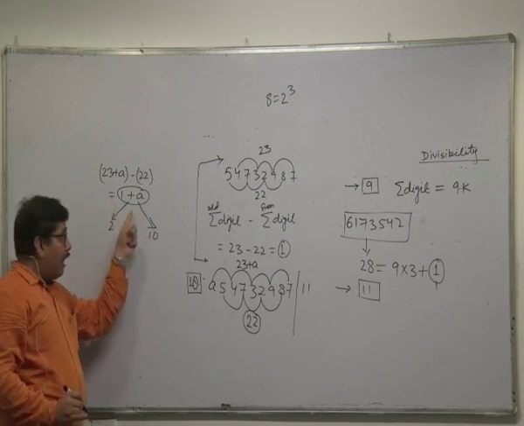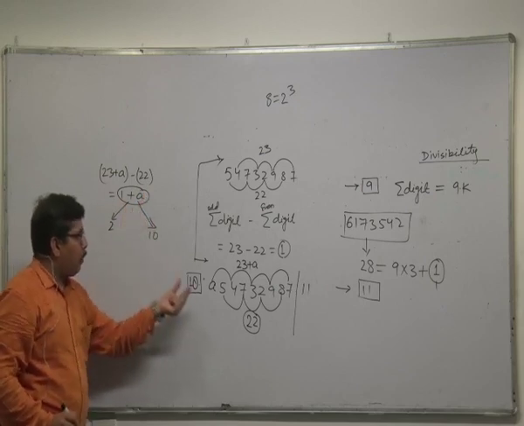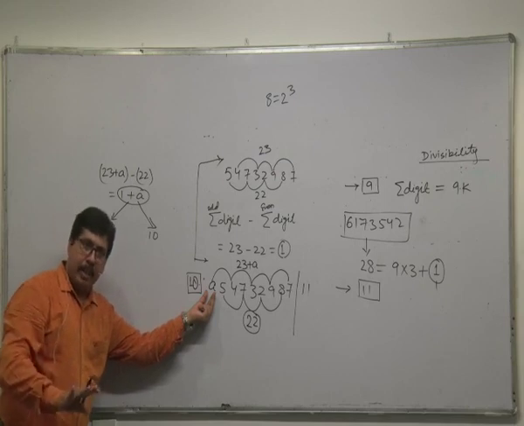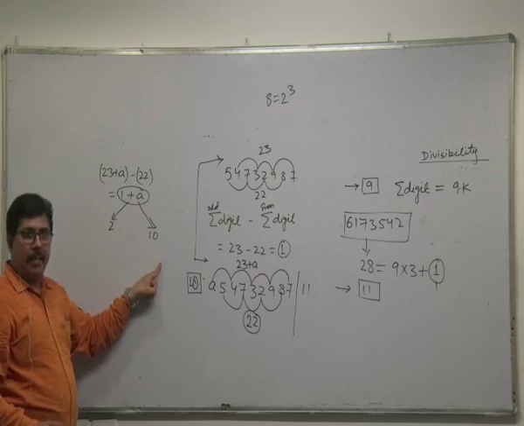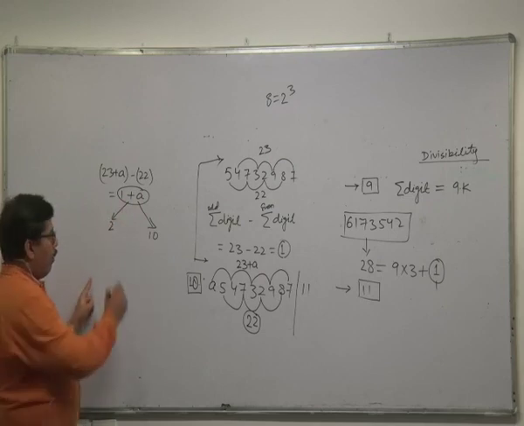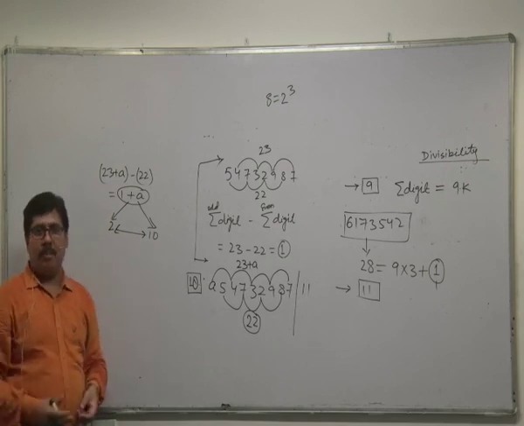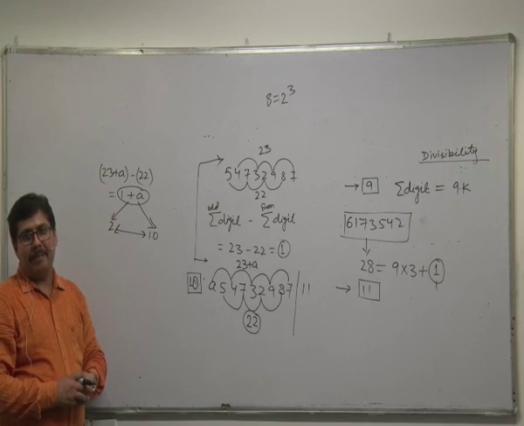So 1 plus A is maximum when we place the greatest possible digit as the most significant digit. If I place 9 over here, then 1 plus 9 is 10 and 1 plus 1 is 2. Between 2 to 10, including 2 and 10 both, we do not have any number which is a multiple of 11.